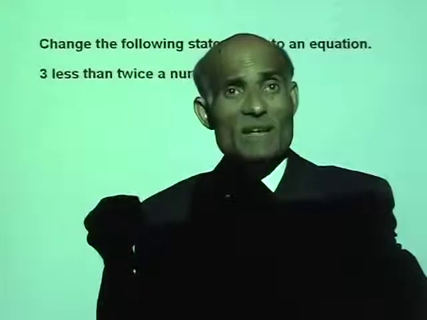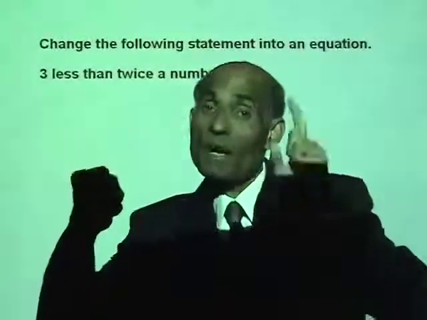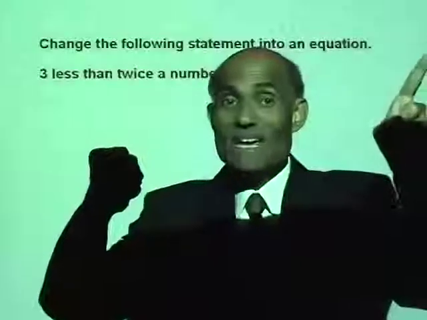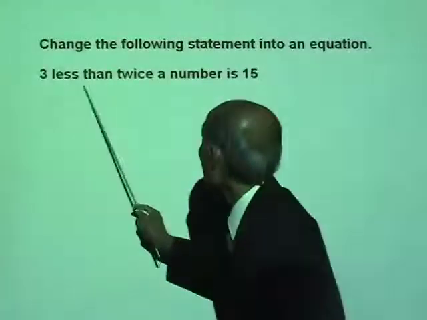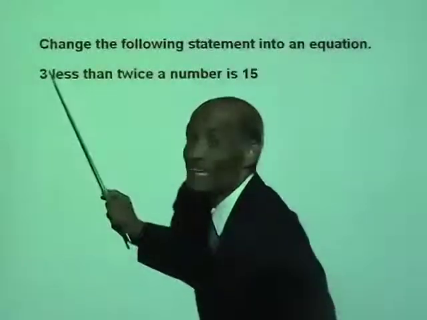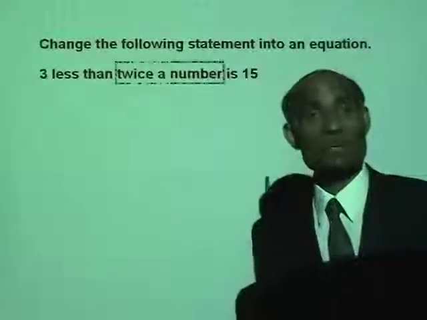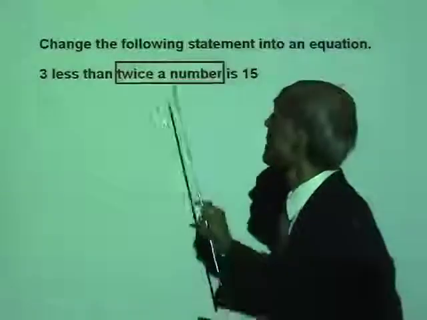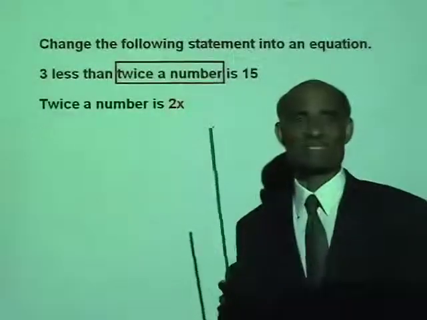Did you understand that? 3 less means take away 3. From where? From twice a number. 2x minus 3 is this quantity. 3 less than twice a number is 15. Can you write that equation? Watch this now again. Twice a number is 2x.